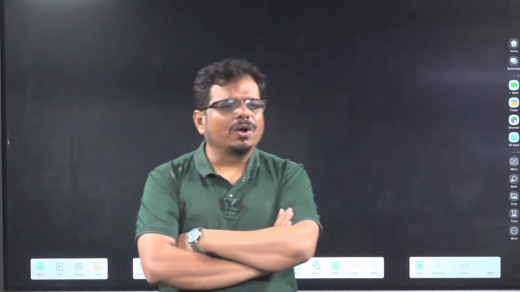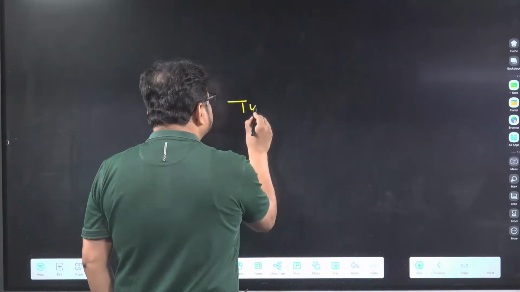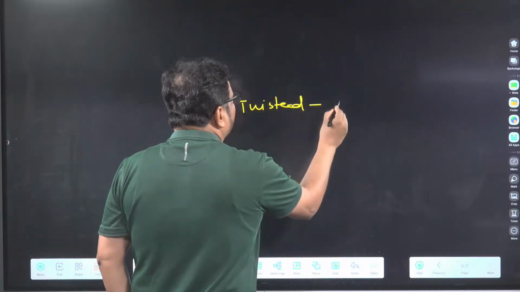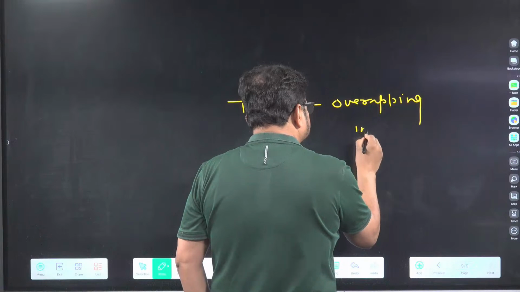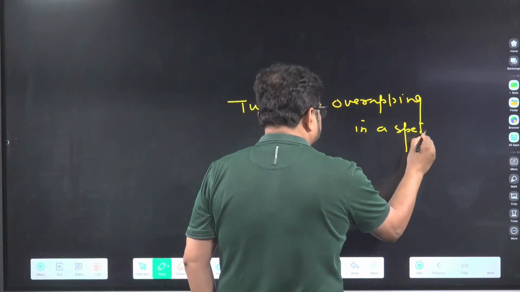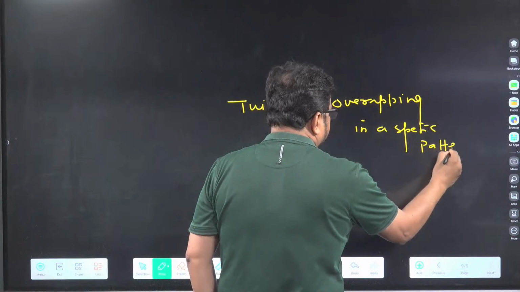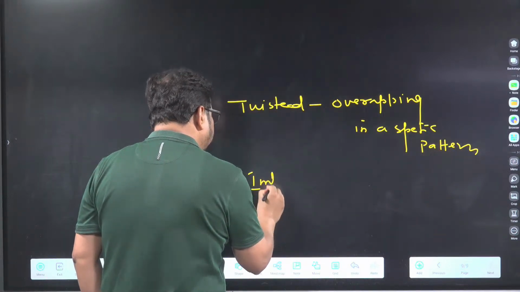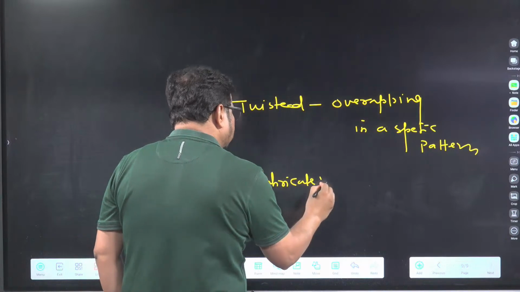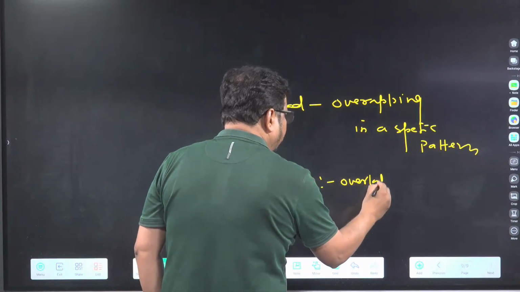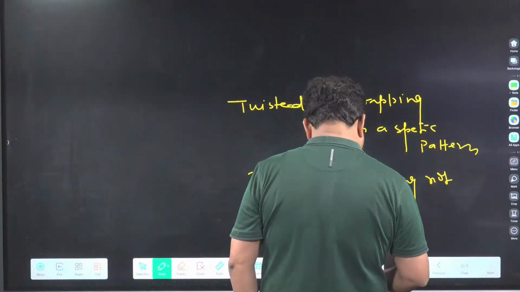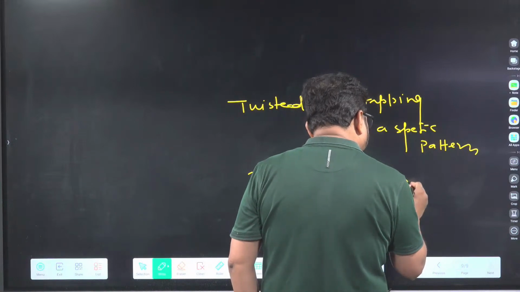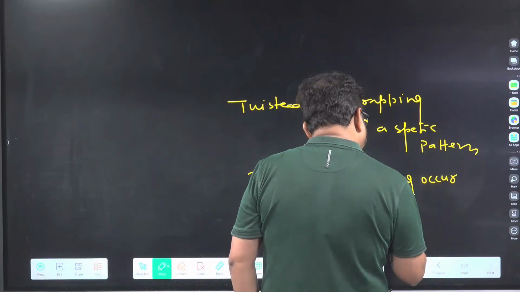So twisted is overlapping in a specific pattern, and imbricate is overlapping that does not occur in a specific pattern. Better to write: overlapping occurs, but not in a specific pattern.